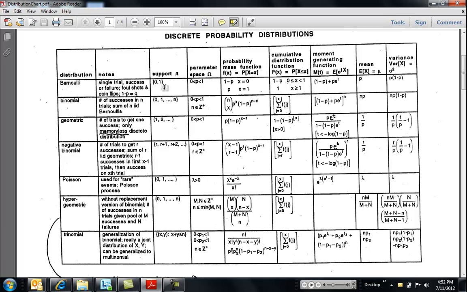The support is either, again, success or failure. The probability of success is between 0 and 1. The mass function right there is either succeed or fail. You don't know moment generating functions yet, but the mean of a Bernoulli is p. Here's the variance. So these are all the popular ones.